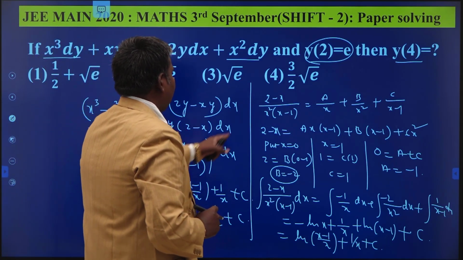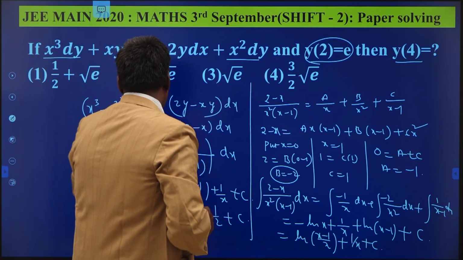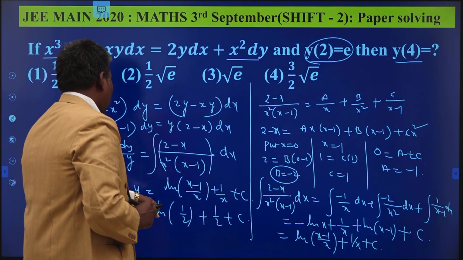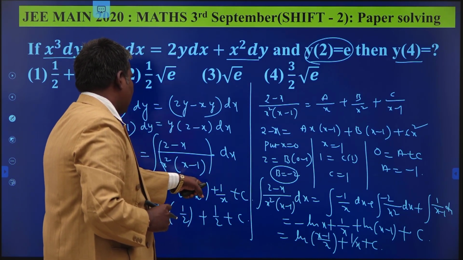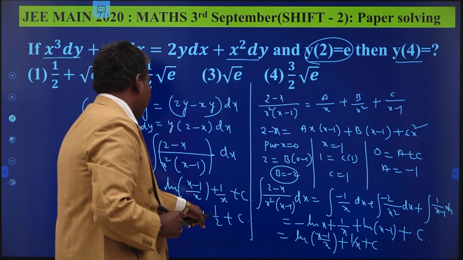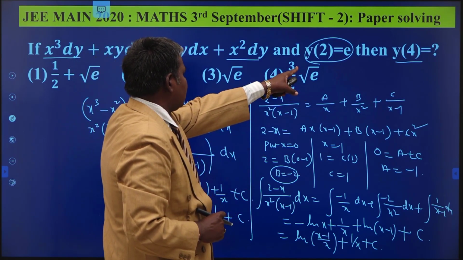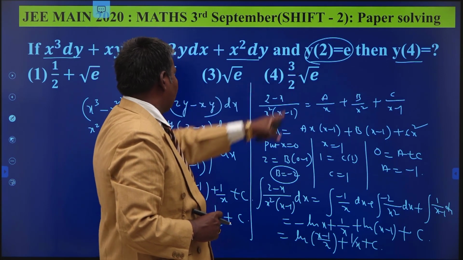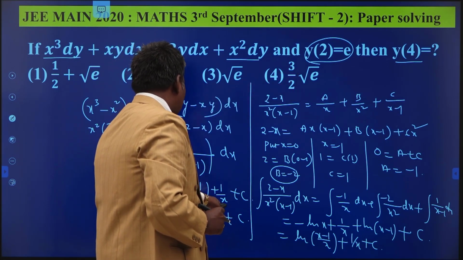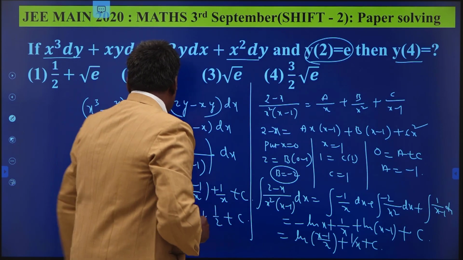Your log y, y is equal to what here? e. Log e is 1, log (2 minus 1) by 2, log 1 by 2 plus 2 by x, x is equal to 2, that is 1 by 2 plus c.